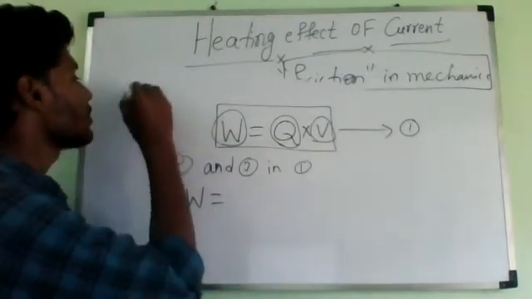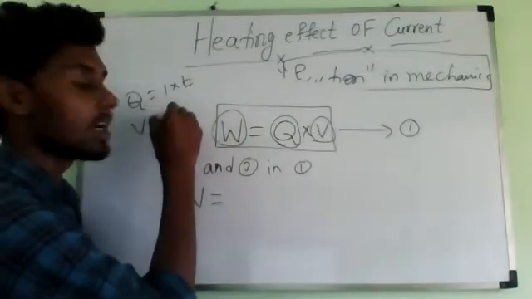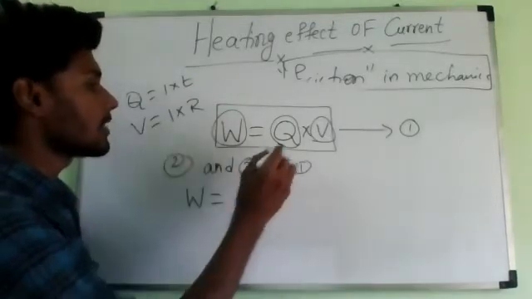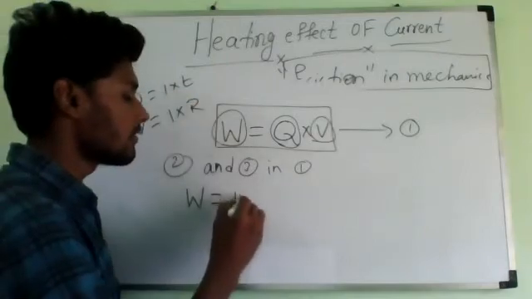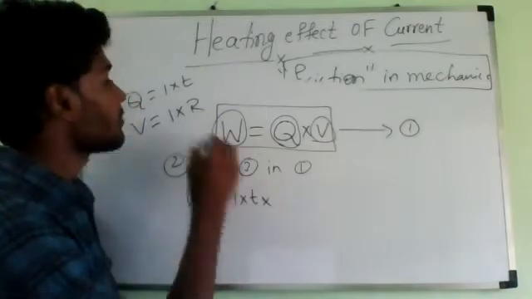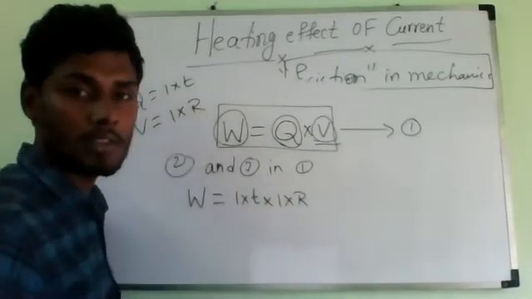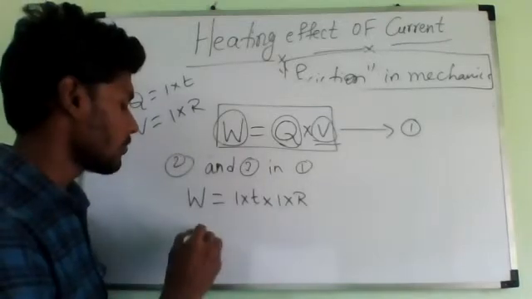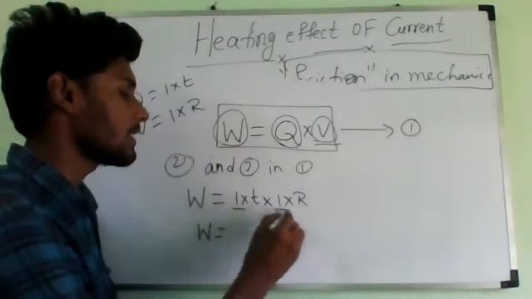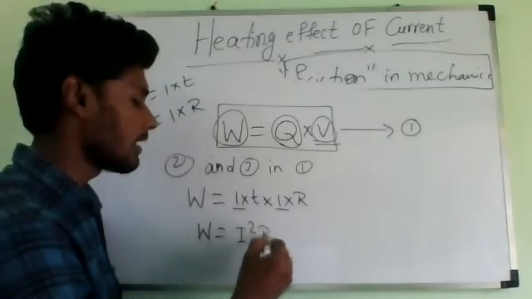One is Q equals I into t. Next, V equals I into R. In place of Q, I substitute I into t, and in place of V I substitute I into R. So now the work done W equals, since two I's are there, I square, R is there, R into t.